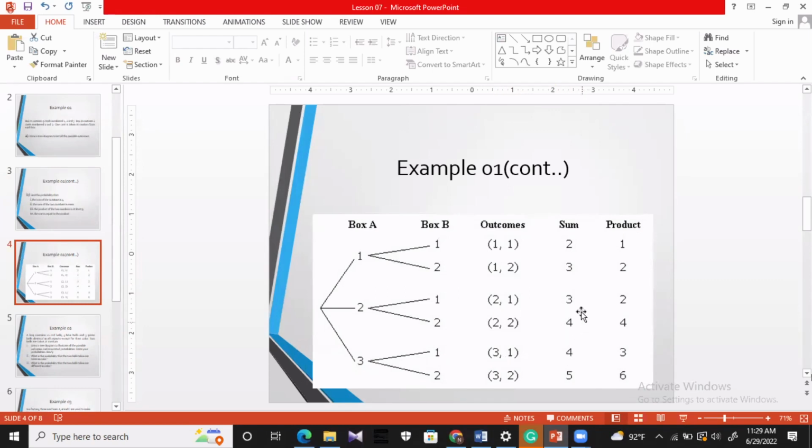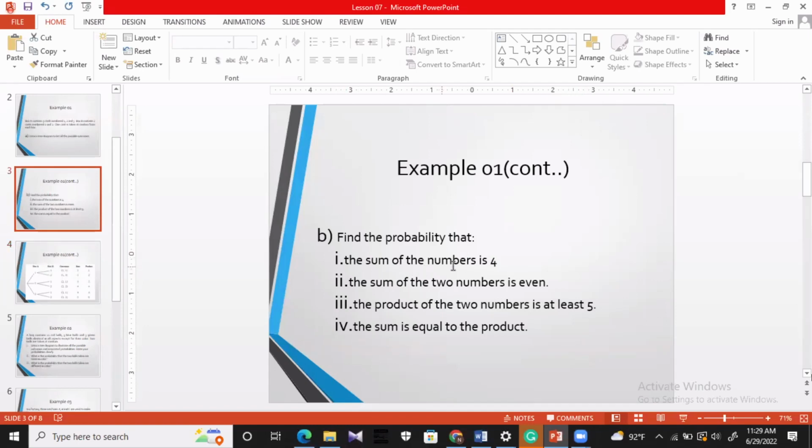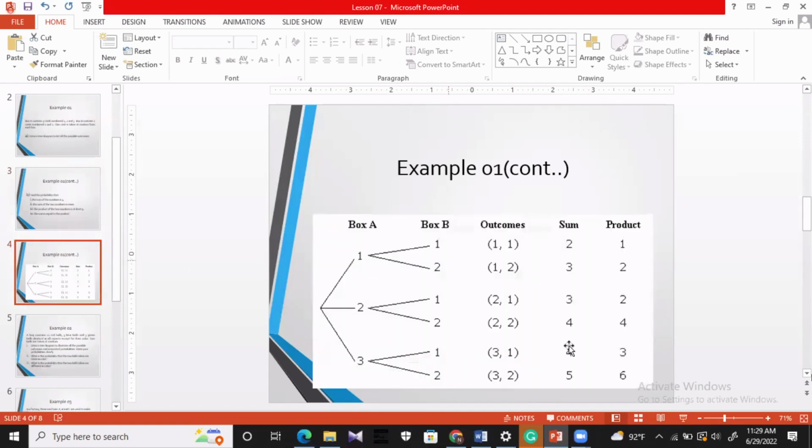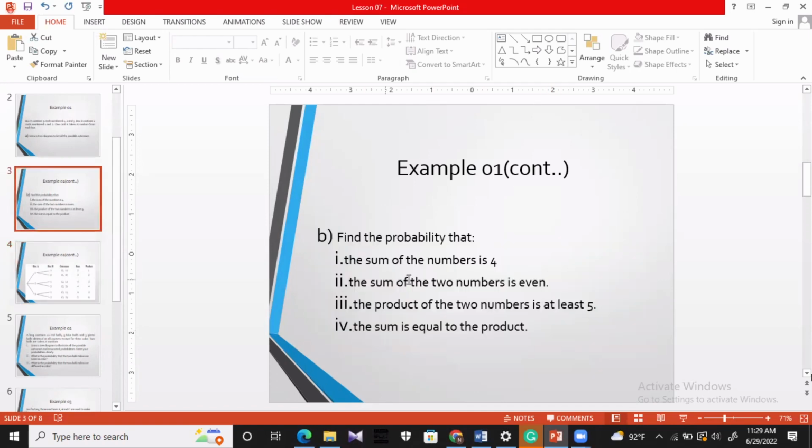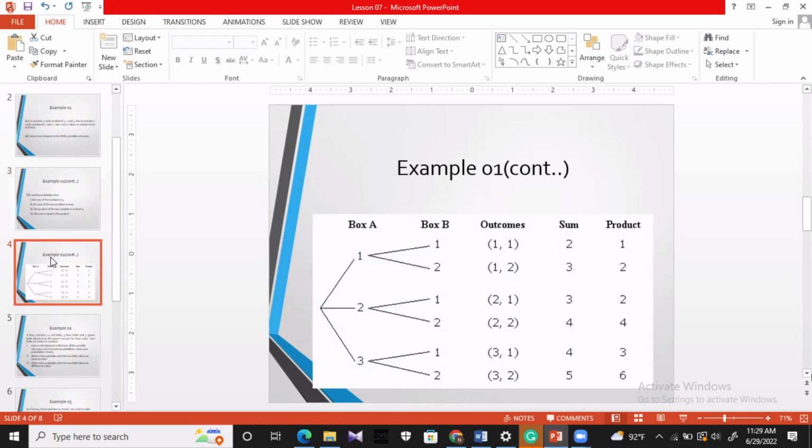So how are we going to find that probability? You need to add the probabilities of these 2 pairs. 1 over 6 plus 1 over 6. Finally, you will have 2 over 6 or 1 over 3 as the probability that the sum of the numbers is 4. I will explain it to you. Give me a second.